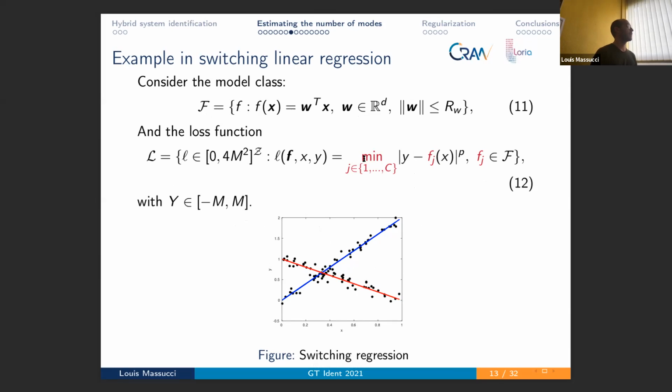We will minimize the prediction error for each point for all the possible submodels. So I can illustrate it with the following figure. Here we have a system with two modes, and so we will associate the points to the nearest mode at each time.